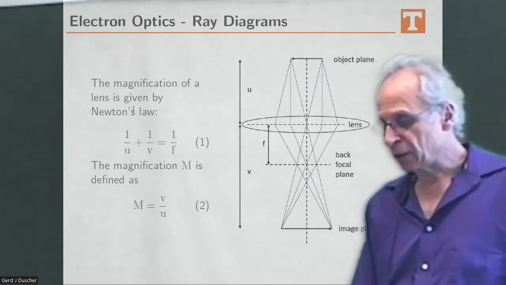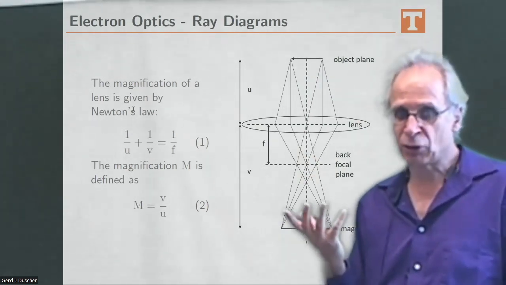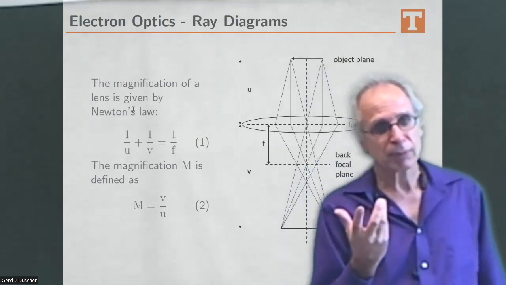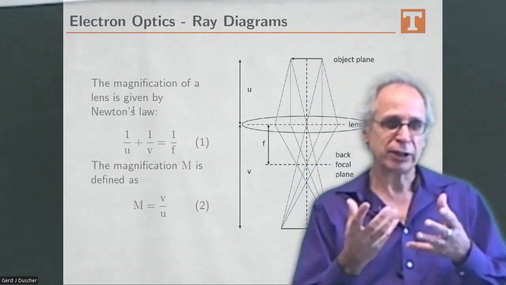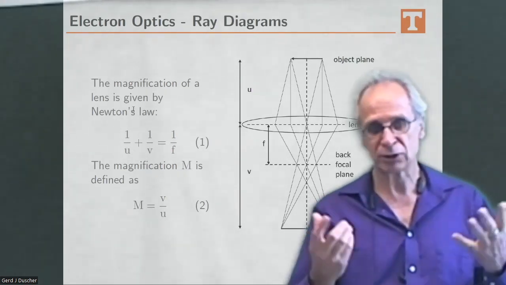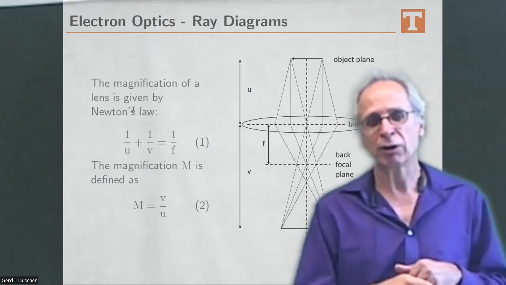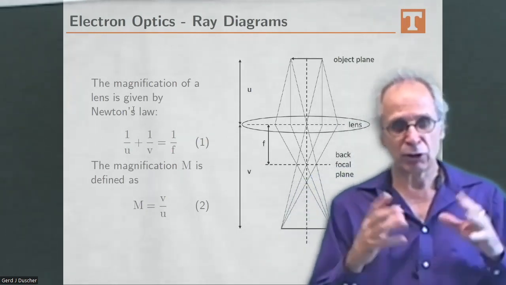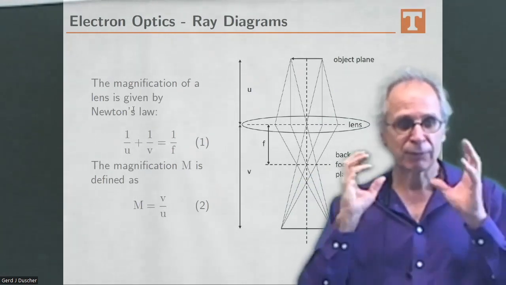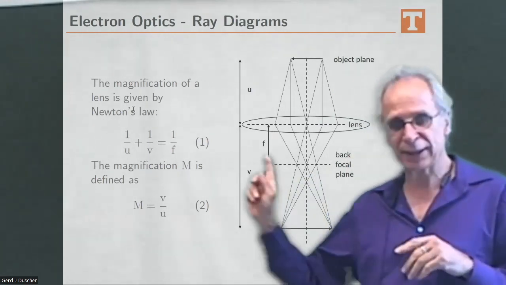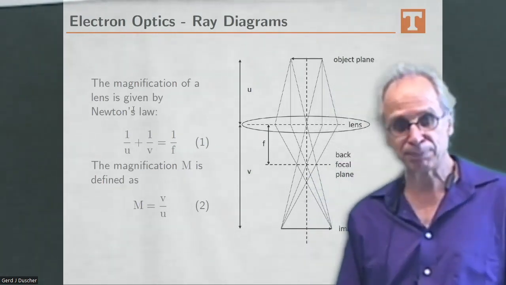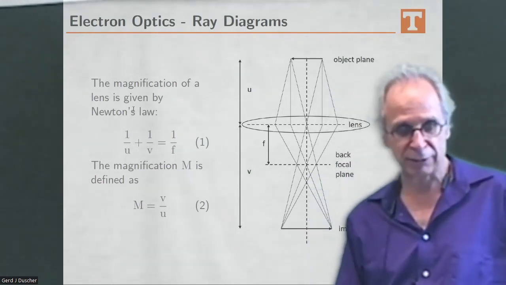So it's interesting that you have an electron that is actually accelerated with 200 kV or 300 kV, 60 kV, whatever you use. So you are in the order of three-quarters of the speed of light, and you hit the sample, but everything is still available through the simple ray diagram.